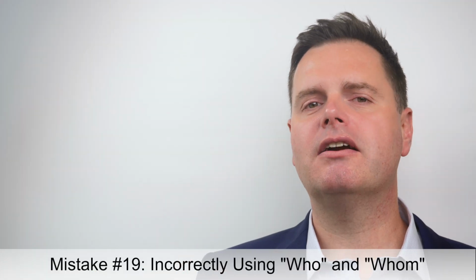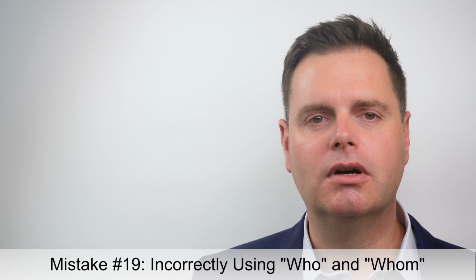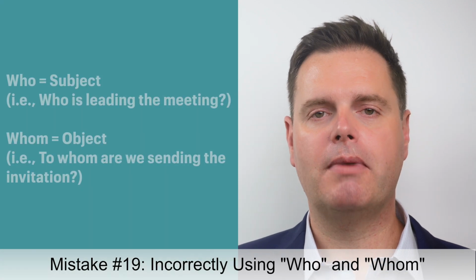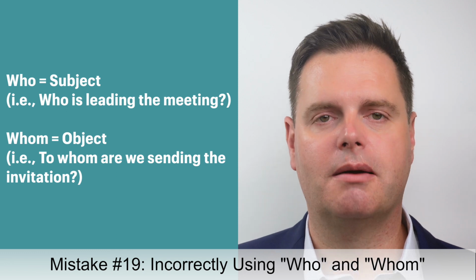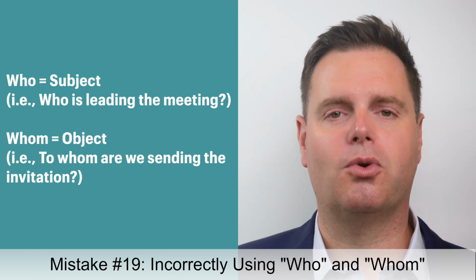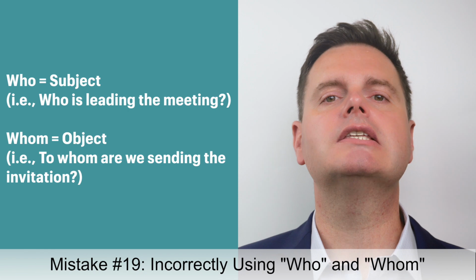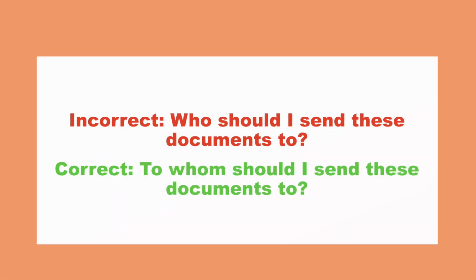We often hear who and whom getting mixed up. Remember, who refers to the subject, the person doing something. Whom is for the object, the person something is done to. Let's say you're assigning tasks for a project.